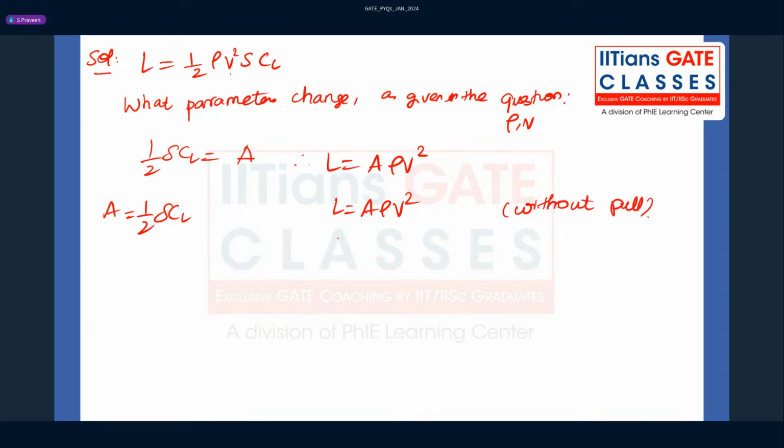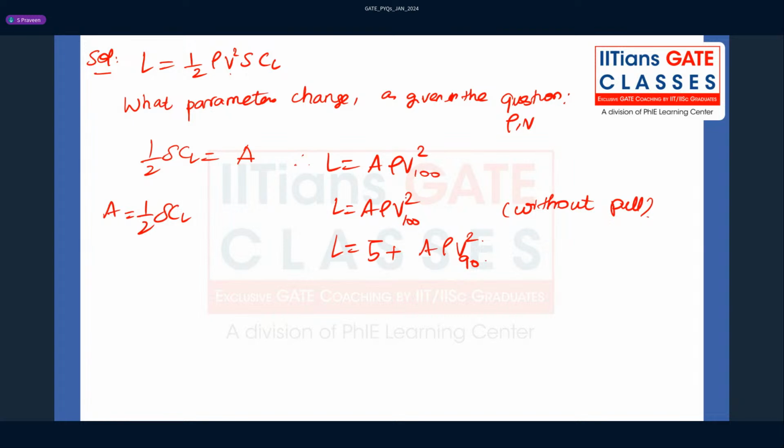Now in the second case, he's saying that you have a pull of 5 Newton. So you will have to add a 5 in here, plus you'll have A rho V square. Mind you, this velocity is at 90, whereas this velocity is at 100. I'm just using notation so that you don't get confused.